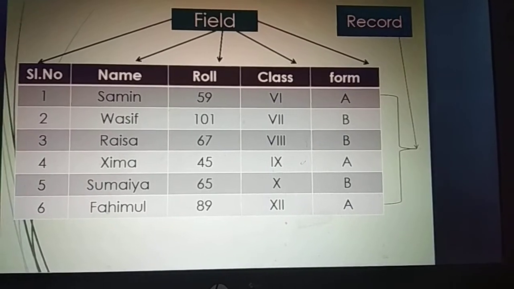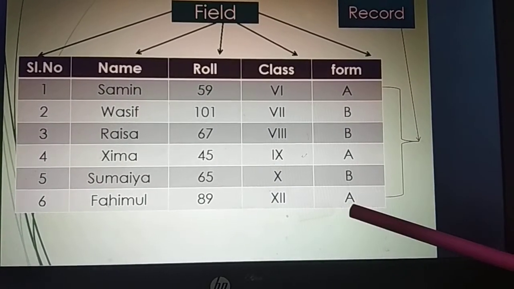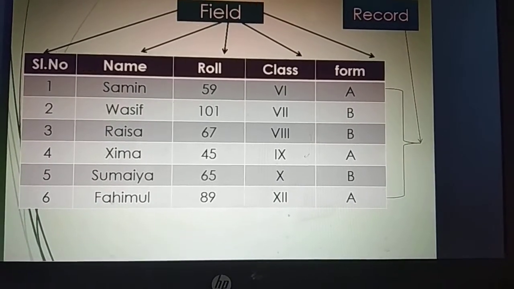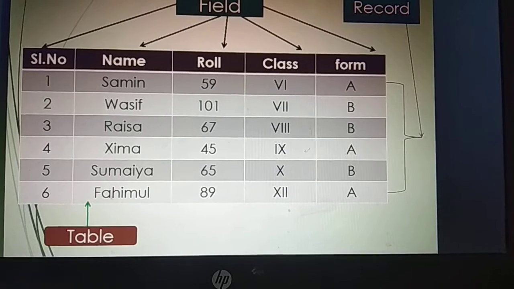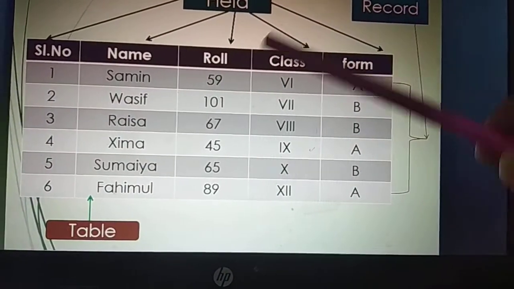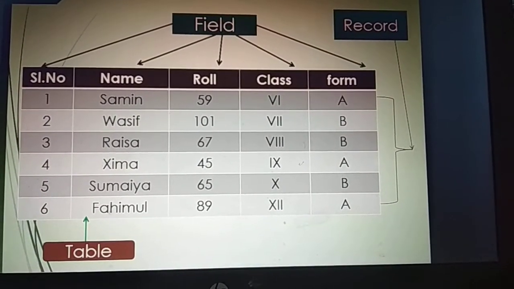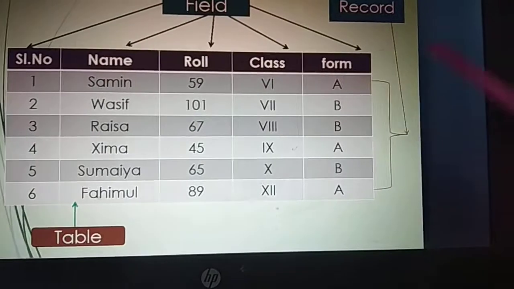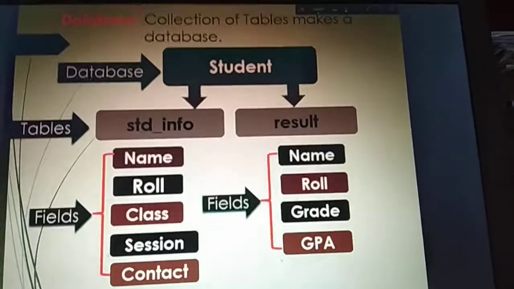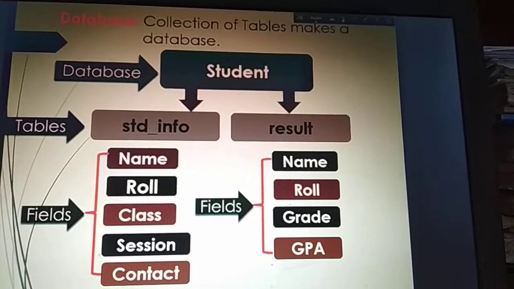That means this is first record, second, third, fourth, fifth, sixth, and all these records make a database table. That means this is a database table that consists of records, and the record consists of these fields. Then we can say a database is the collection of tables.